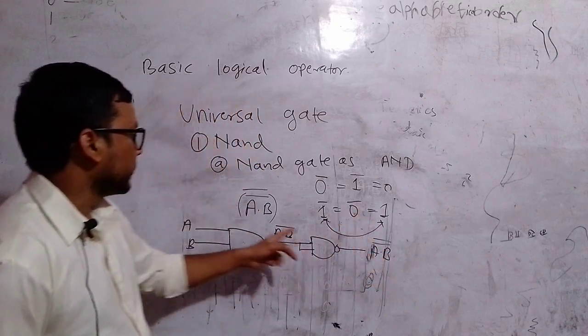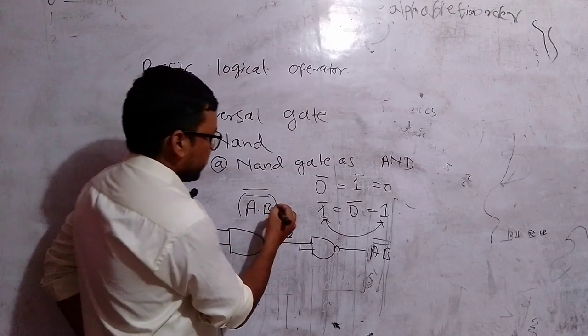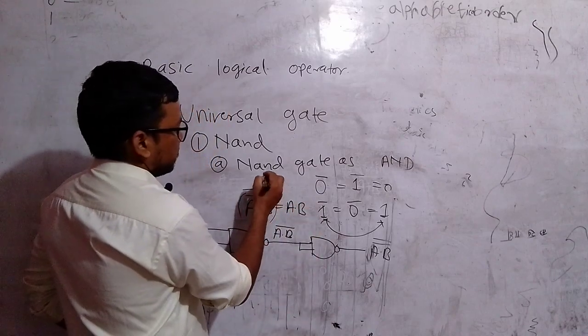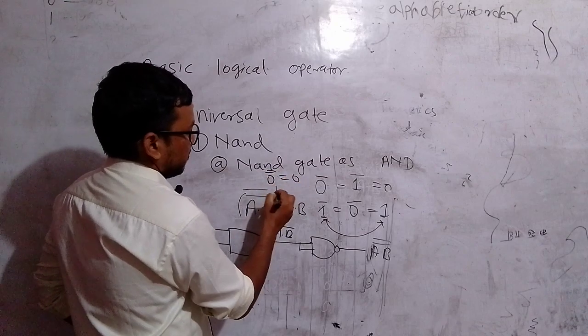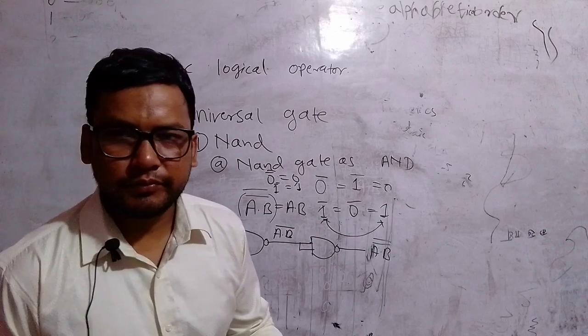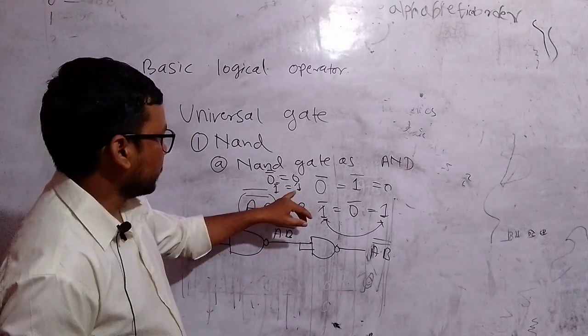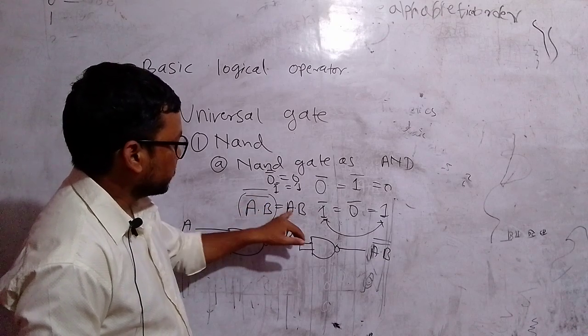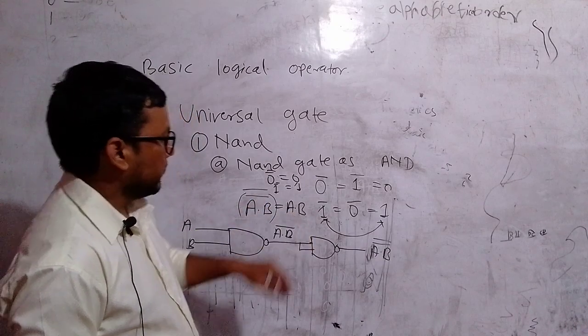Double complement of any input produces the same output. That means the double complement of A dot B produces A dot B.